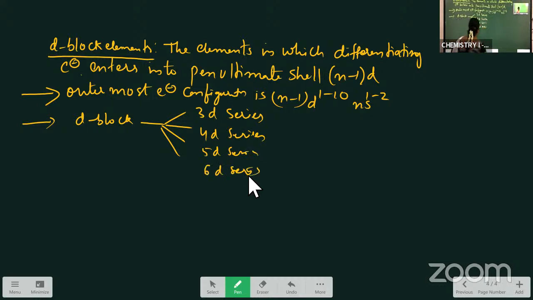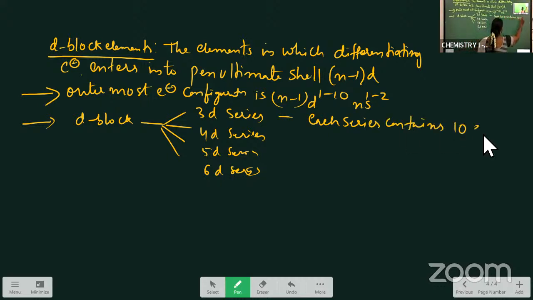Now, how many elements does each series contain? Each series contains 10 elements. Now, where do you find these D block elements in the periodic table?